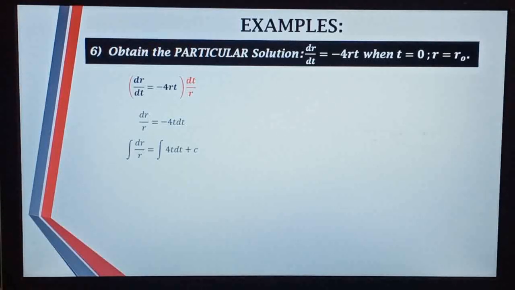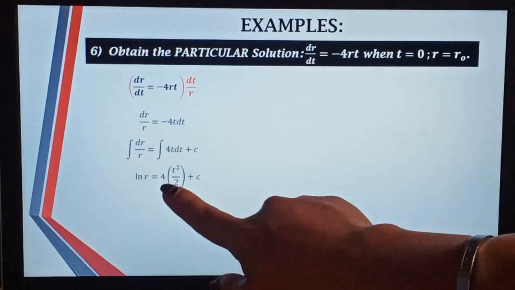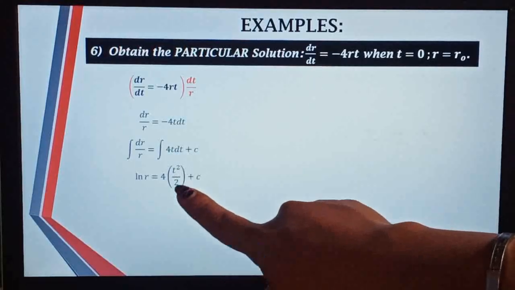So, we have now our equation as the integral of dr over r equals the integral of negative 4t dt, then plus c. So, pag in-integrate natin yan, we will now have an equation of ln of r equals negative 4 is constant, then the integral of t dt is t squared over 2.